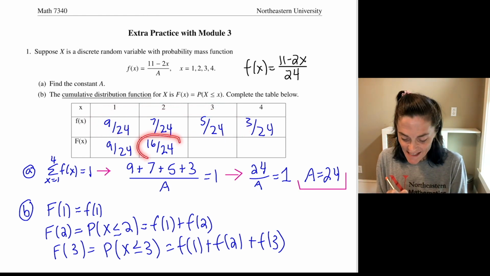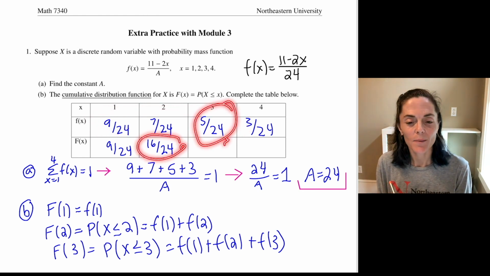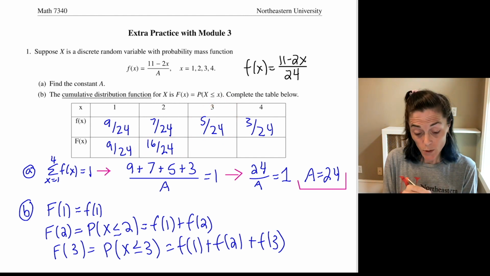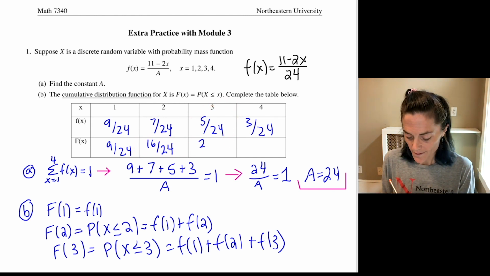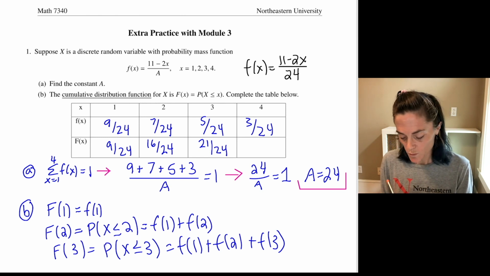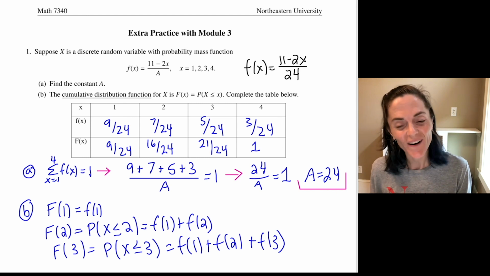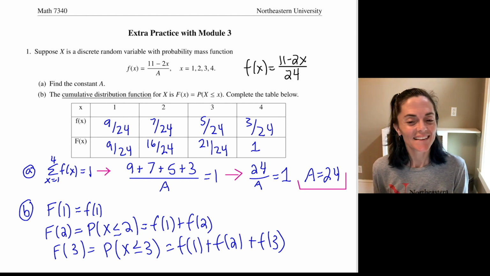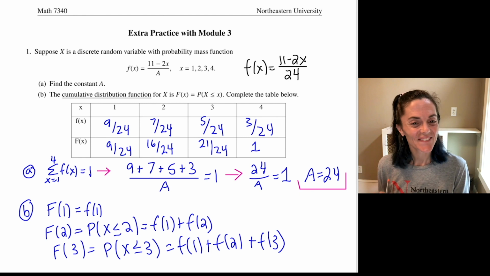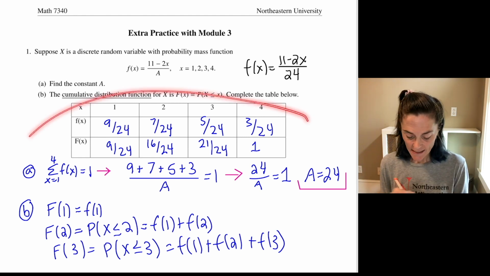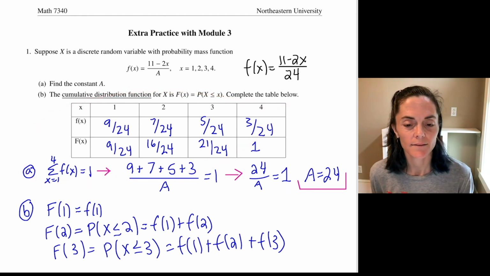Or you could just take this number and add this probability. Either way, you notice we get 21 over 24. Now, finally, the probability that capital X is less than or equal to 4, this is 1. Okay, I have chosen, as I mentioned, just to leave these unsimplified. It's fine.